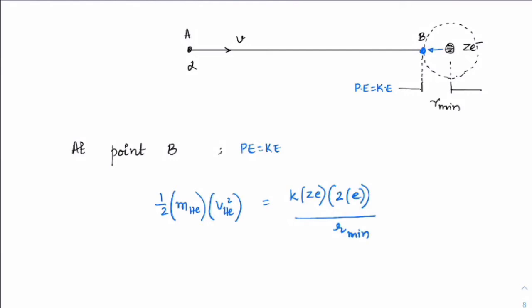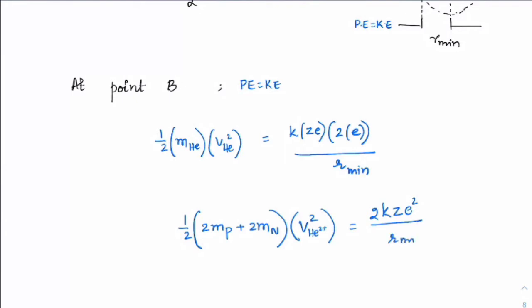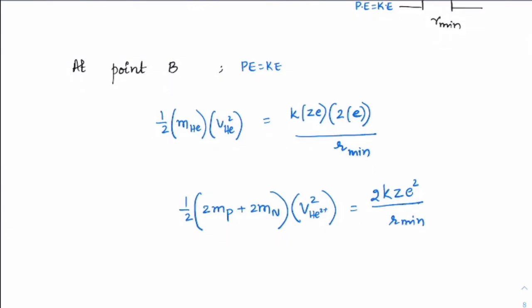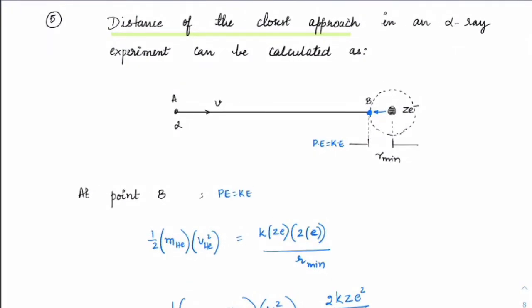So what I can get from here is half into, can I write the mass of helium as 2 times the mass of proton plus 2 times the mass of neutron, that into the speed of the helium 2 plus ion square, is equal to K into Z, 2 times e square, by r minimum. So from here you have to calculate r minimum. This is how you have to use the closest distance approach.